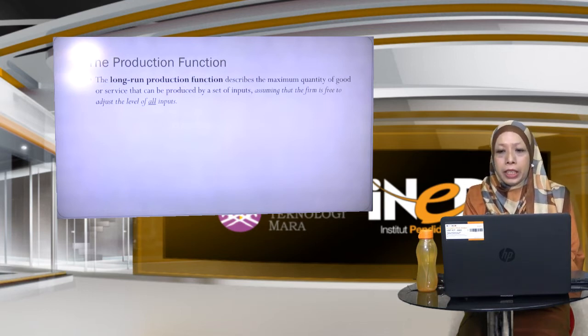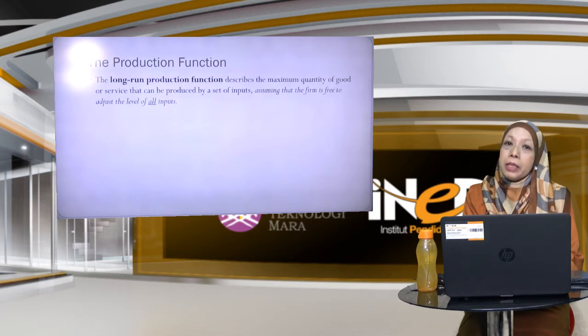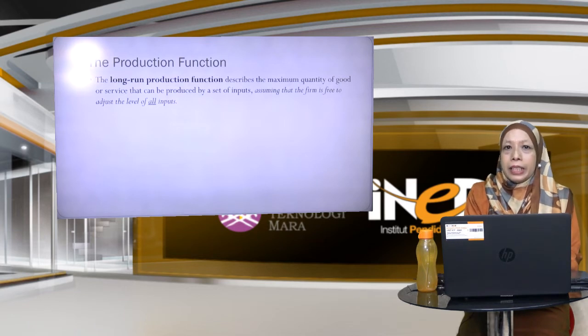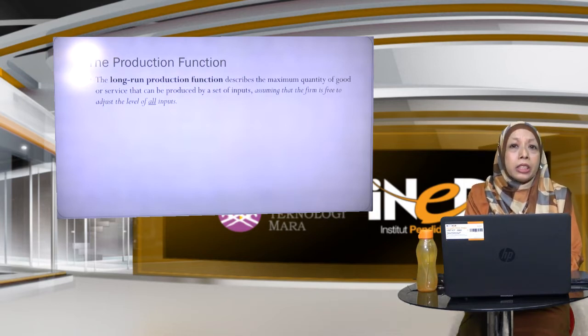So let me give you an example. Let's say in your production you are using two resources, namely labor and capital. Now in the short run, capital tends to be fixed, because it is very expensive. That means it is not easy for you to increase the quantity in a short period of time.